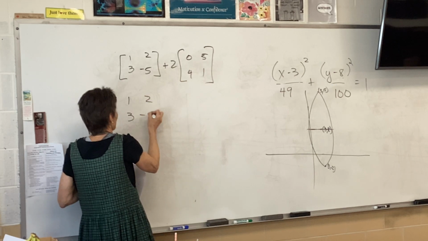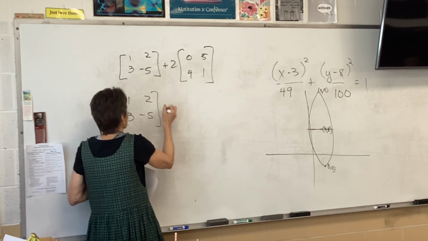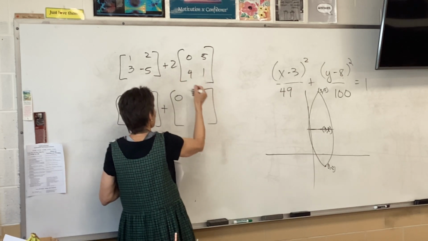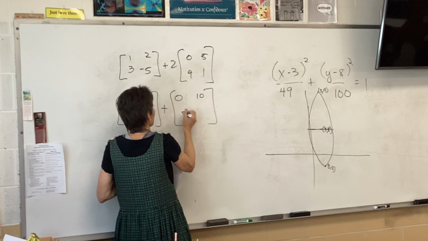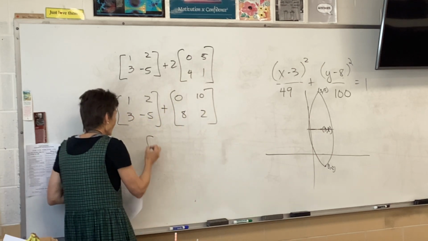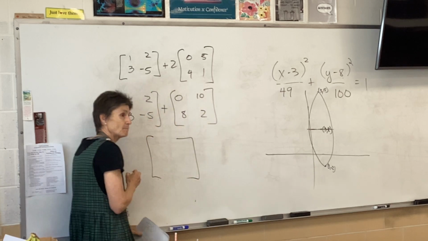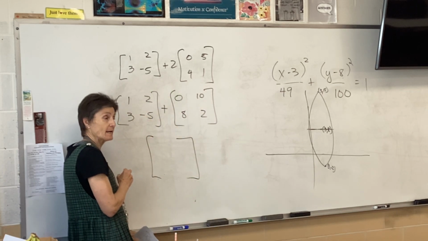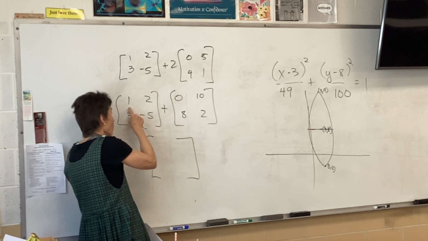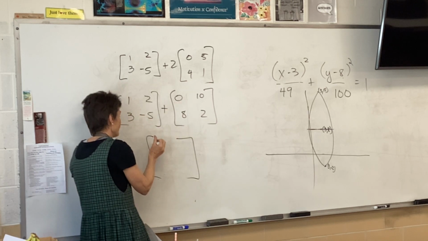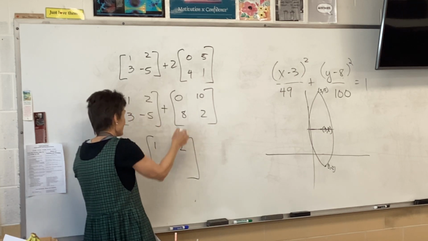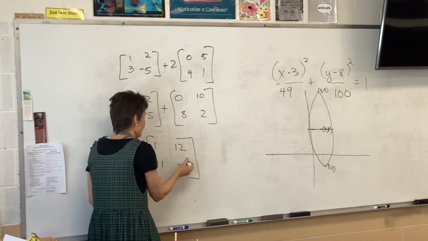It's called scalar multiplication, but it's really distributing. I'm just going to distribute the 2 to everything. So 2 times 0, 2 times 5, 2 times 4, 2 times 1. Now I'm going to add these, and I'm going to add them corresponding. So 1 plus 0, 2 plus 10, 3 plus 8, and negative 5 plus 2.